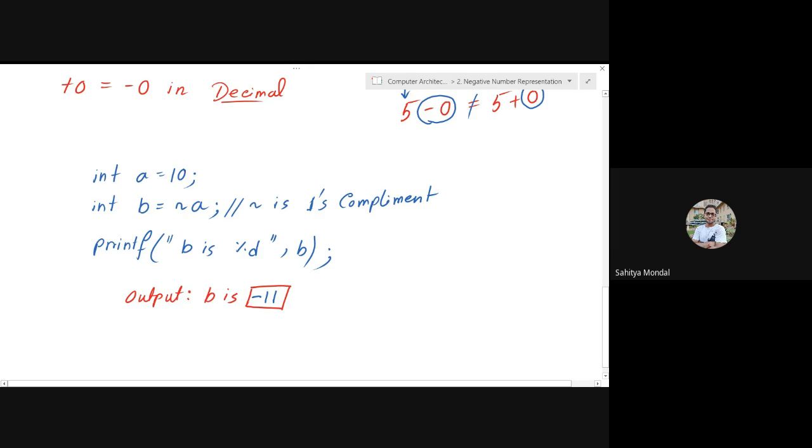If you write a equals to 5, it will be -6. If you write a equals to 100, it will be -101. Always.